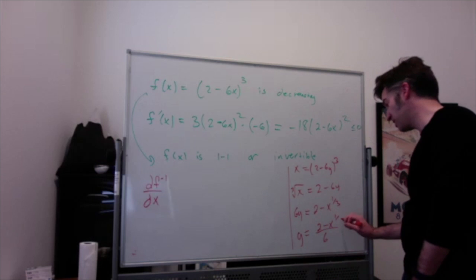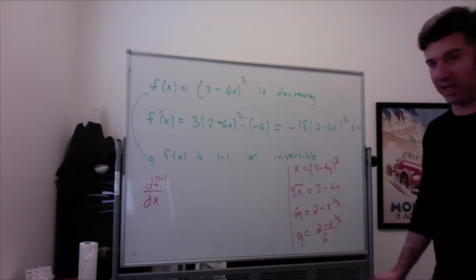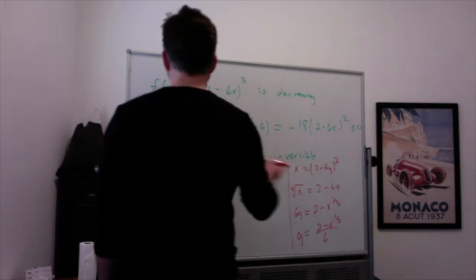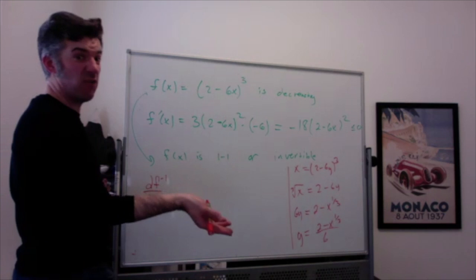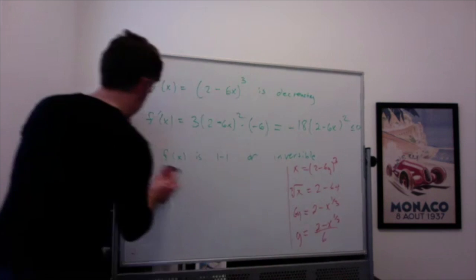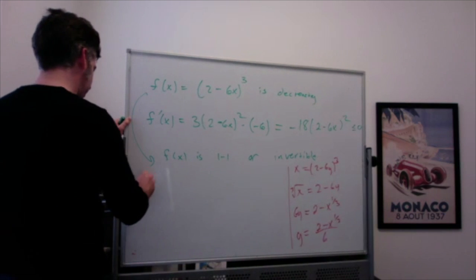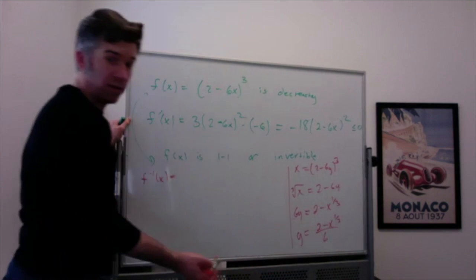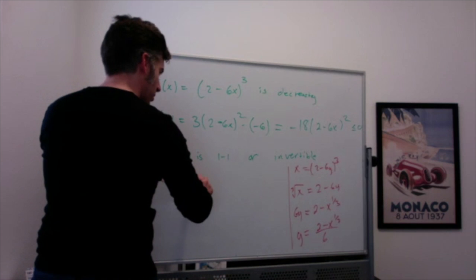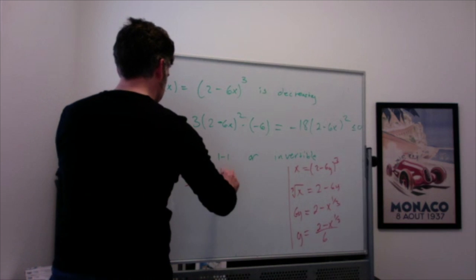If I'm going to take the derivative, I would probably write f inverse of x as 2 over 6, which is 1/3, minus 1/6 x to the negative 1/3.